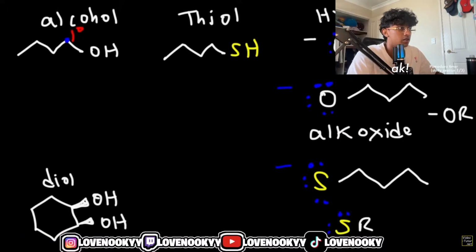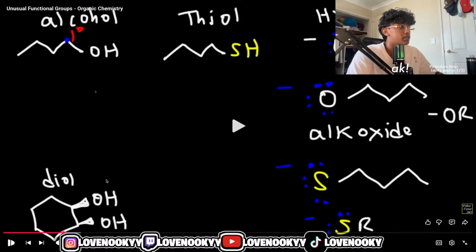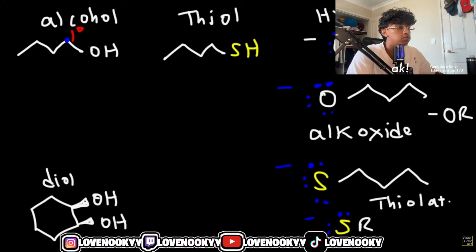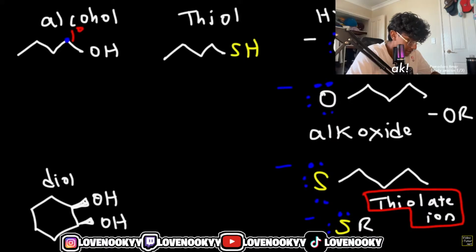You deserve $20 if you can guess the right answer. This is called a thiolate ion. I'll be very surprised if you got that right. Thiolate. So that's the thiolate ion.